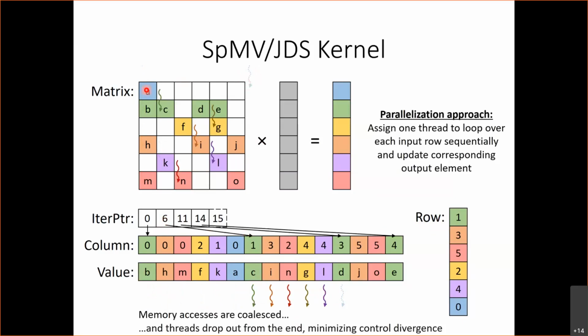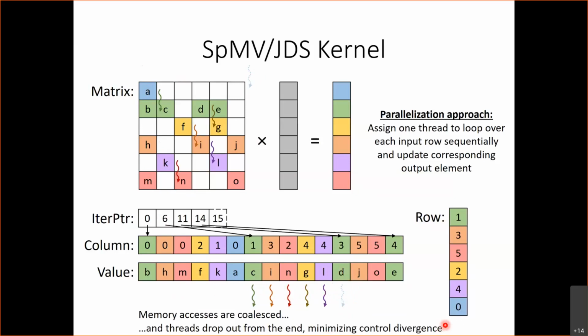And because this is the smallest row, this blue thread that drops out is going to be the last row in the sorted array. So it's going to be the last thread. The thread that drops out is the last thread. Because the thread that drops out is the last thread, I don't have arbitrary threads in the middle dropping out, they're dropping out from the end. This is what minimizes control divergence.